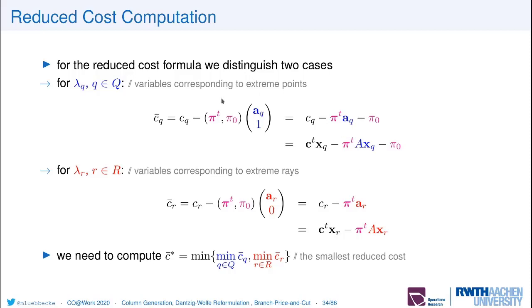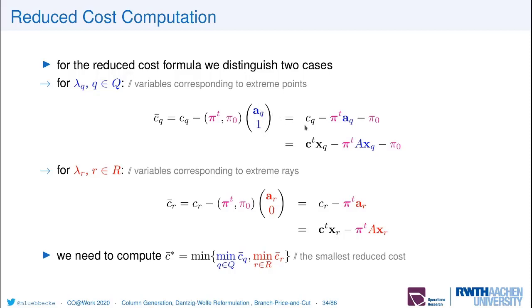So maybe just go back and check that this is exactly what we want, to check the reduced cost of all the variables we have ignored so far. So for all the variables which correspond to extreme points, we have their reduced cost, which computes as always by the same formula: the original cost, we know that one, minus the dual variable values, we have them computed, times the coefficient column of an extreme point, and we know exactly how that looks.